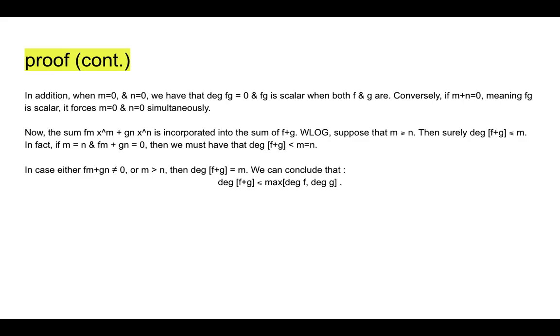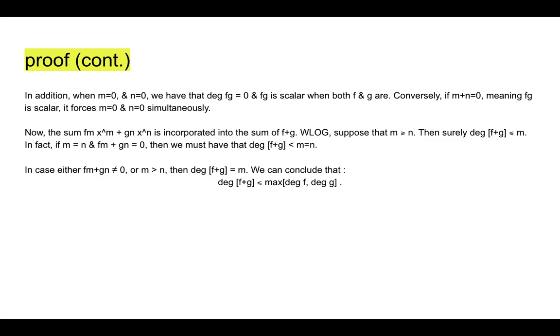Lastly, we need to come up with a bound on the degree of the sum of two polynomials. So notice that when we add up the polynomials f plus g, we incorporate the sum fm times x to the power m plus gn times x to the power n. These are simply the sums of the leading terms of both f and g. Without loss of generality, it can be assumed that m is at least as big as n.